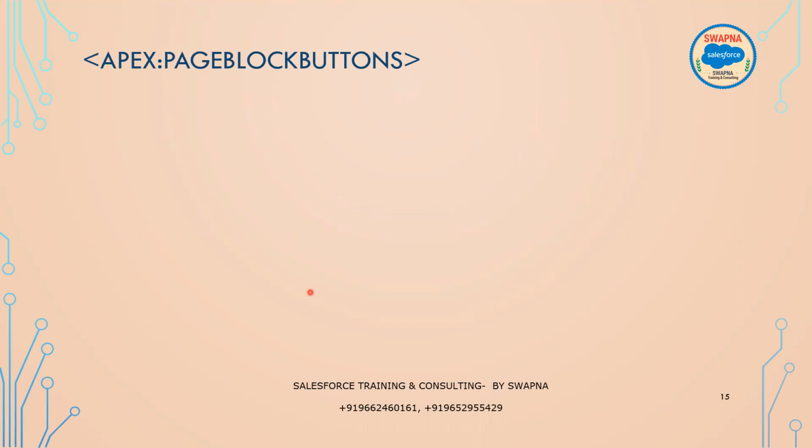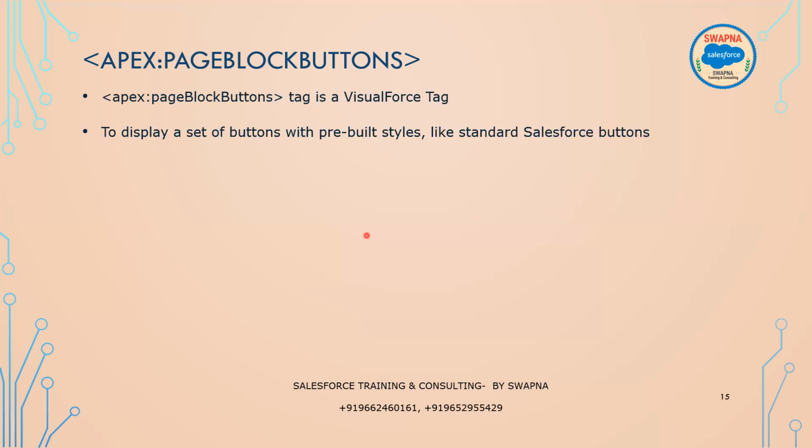Initially it was not there, later they added this page block buttons. It is a Visualforce tag, and by using apex colon page block buttons, you can display a set of buttons with the pre-built styles.